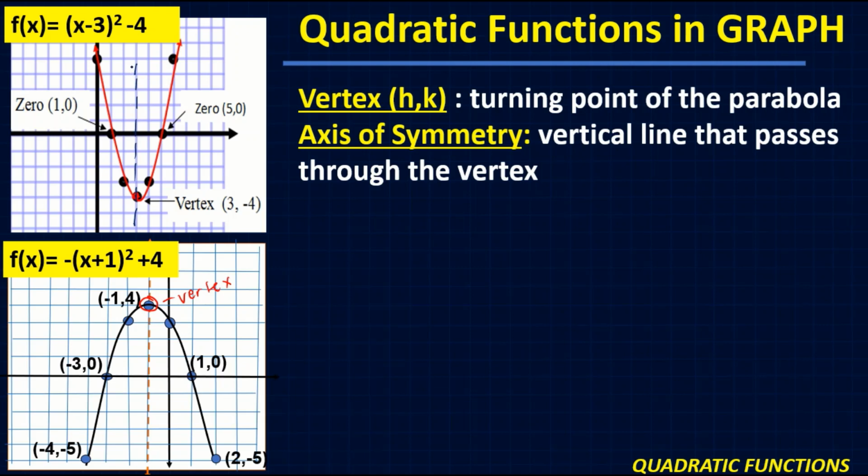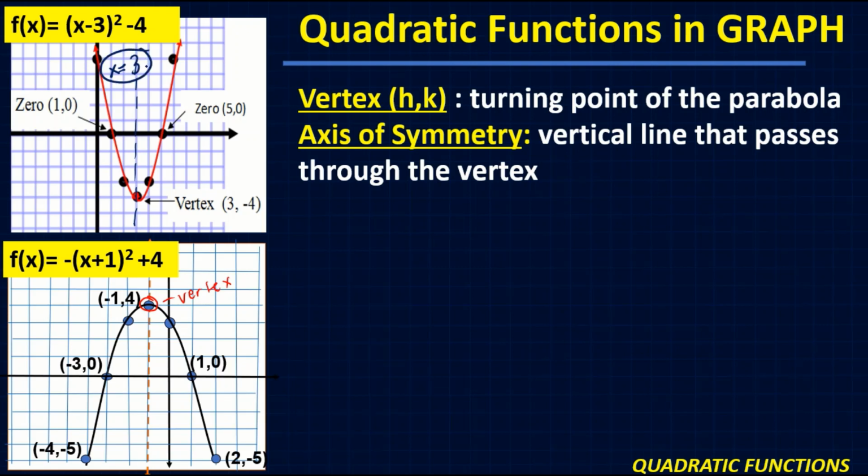Okay, and then to know the equation of the axis of symmetry, let us check the number na nag-intersect dun sa ating line para kay x-axis. So, in here, we have x is equal to, since yung axis of symmetry natin ay tumama sa positive 3 ng x-axis, so x is equal to positive 3.